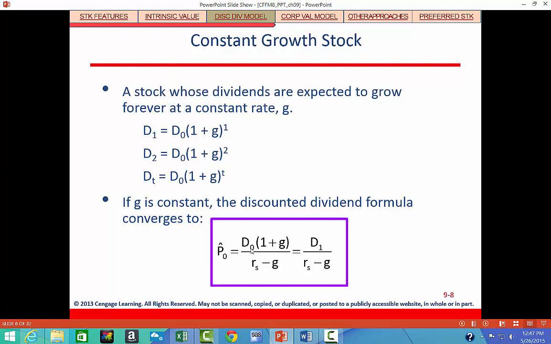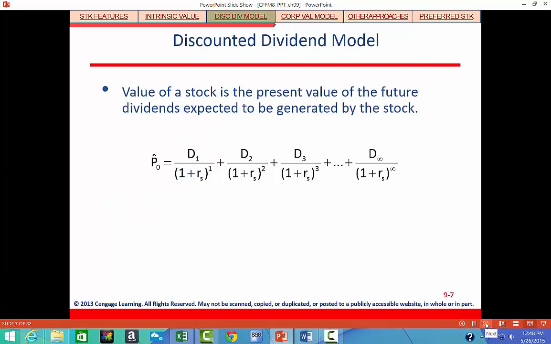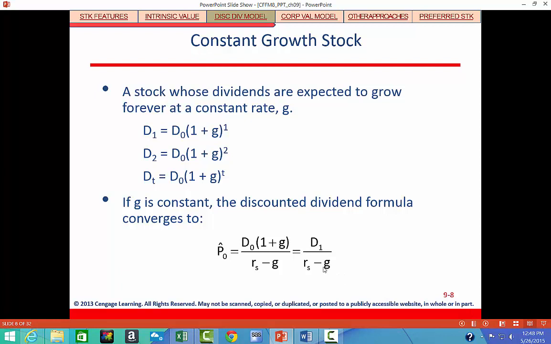If you have the dividend just paid, D0, then you multiply that times 1 plus g, because you really need D1, which is in this second way that the equation is stated. And it's all divided by r minus g. They arrived at this by some long mathematical computations. Basically, that previous equation, if we assume a constant growth rate, just reverts to this simple equation. And that's pretty good news because it is a simple equation.